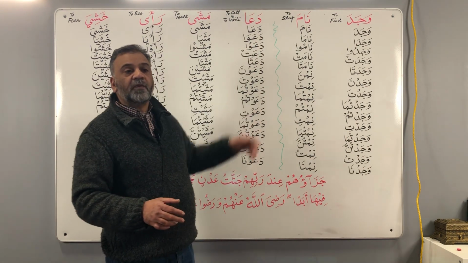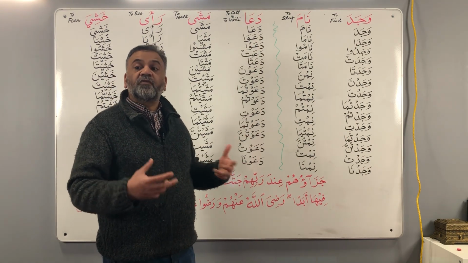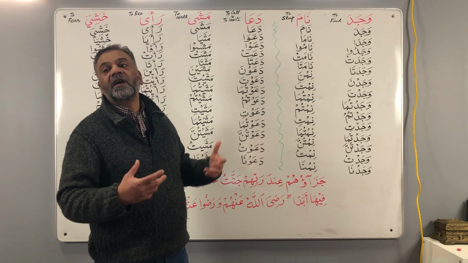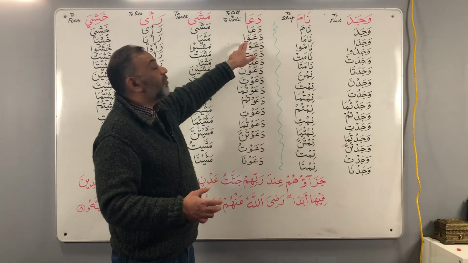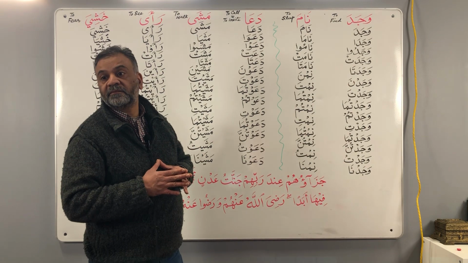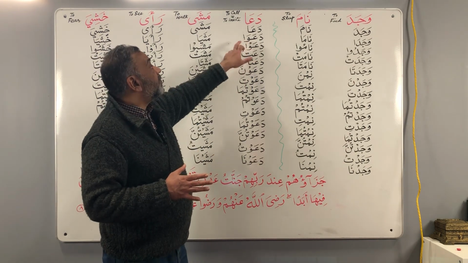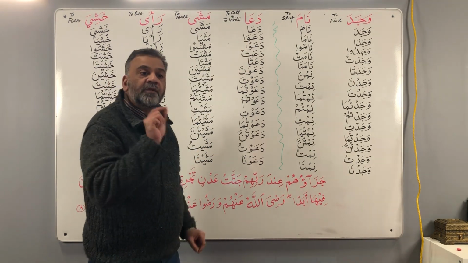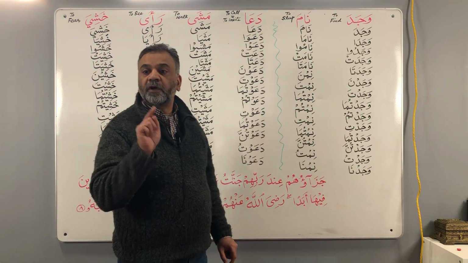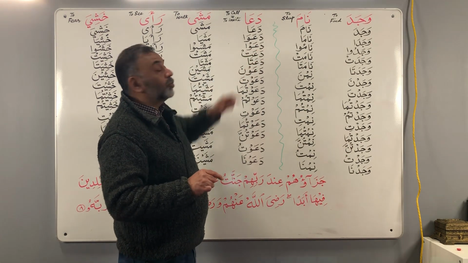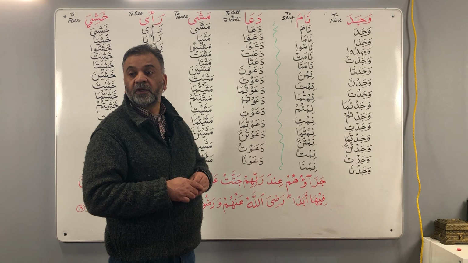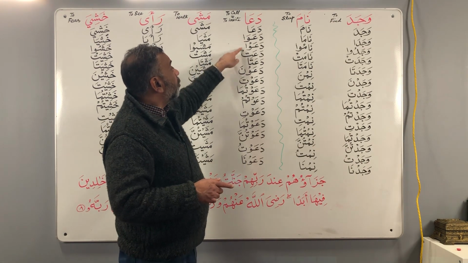When it comes to huma, the root or the original will come out, and it will become da'awa. Where is the fa in da'awa? Alif is the fa. Second pronoun: da'u, hum. Huwa, huma, hum, da'u.